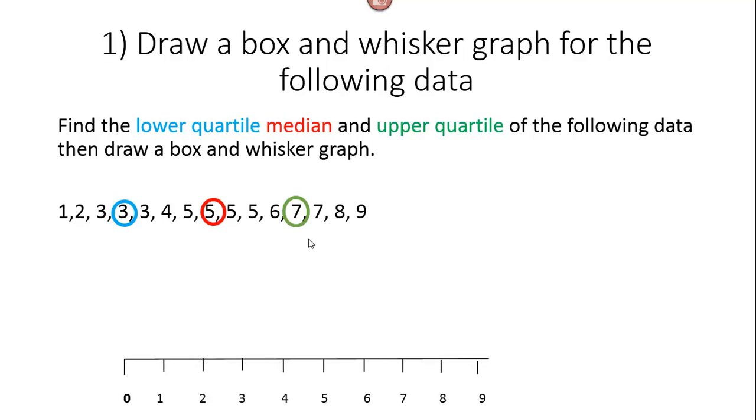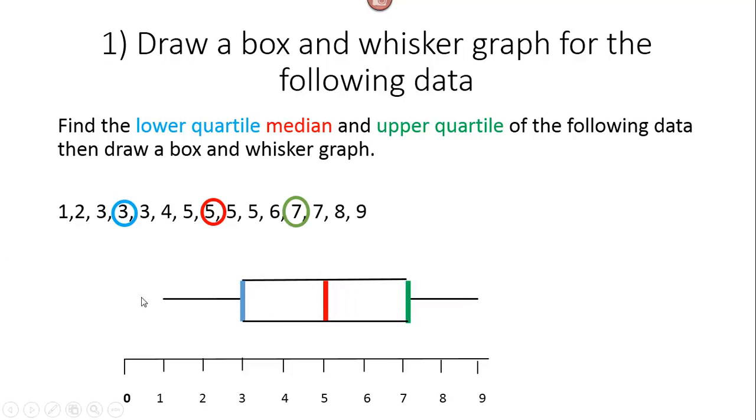Now here's a scale that goes from 1 to 9, and what we're going to do is put the box and whisker graph on it, and we'll point out what various things are on that. If you have a look here, this 1 corresponds to the lowest number, and then that blue line corresponds to where the lower quartile is.